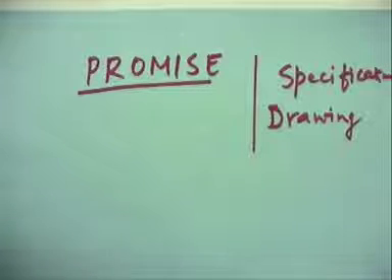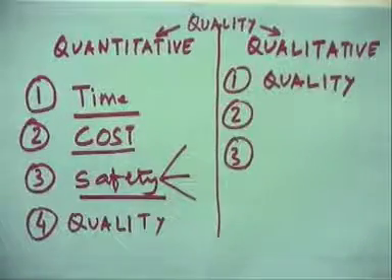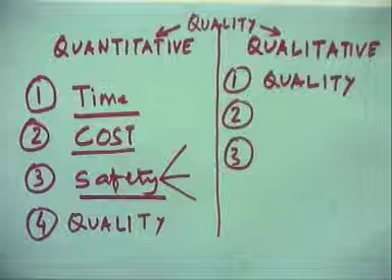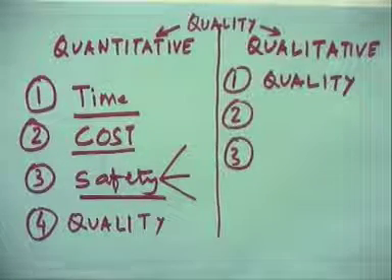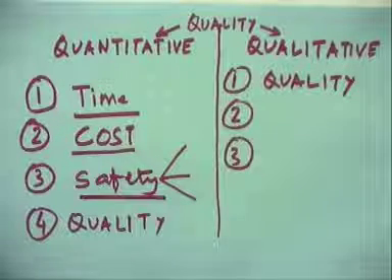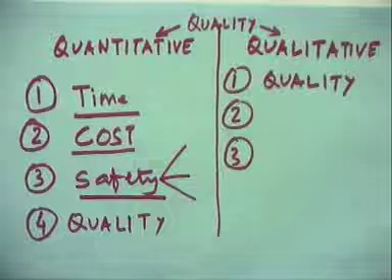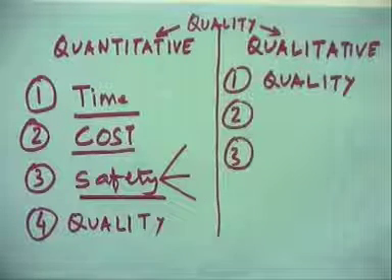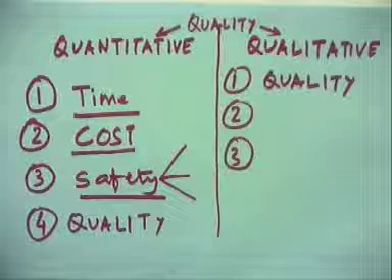So now where do you put this quality? In quantitative term or in qualitative term? Quantitative. Now I give you some more examples. When you sign a contract document, basically it's an agreement between two parties. One party has promised the other to do a certain thing.